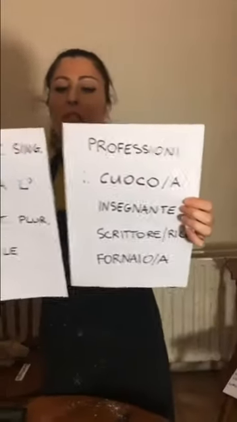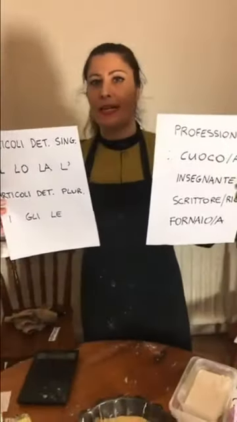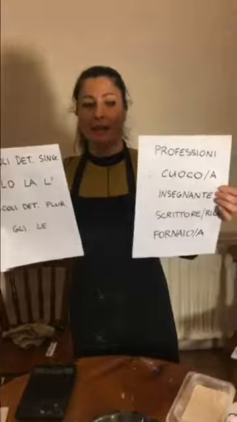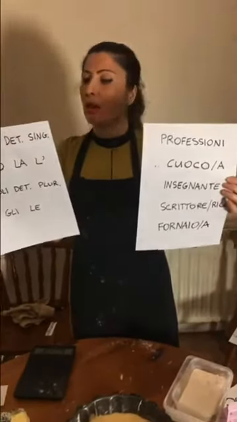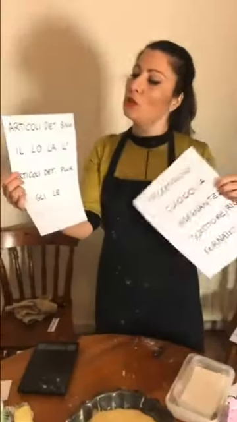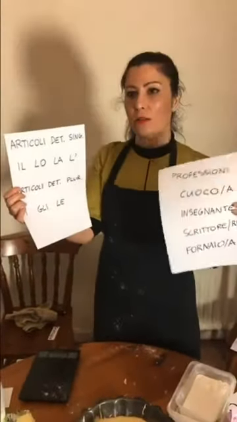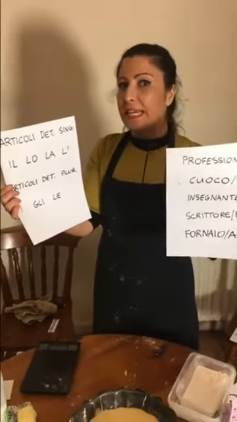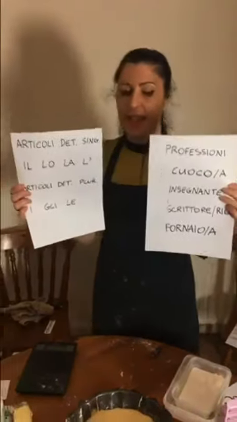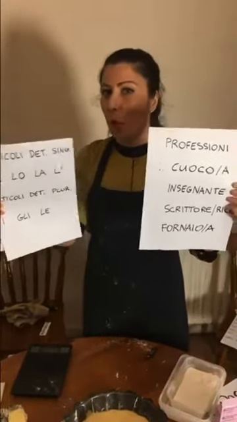Okay? So insegnante can be masculine and feminine. It won't change in the singular. So you can give me two articles, the masculine and the feminine, but it's a bit tricky there, which I explained to you before.